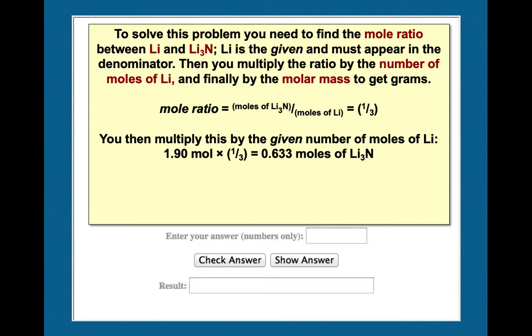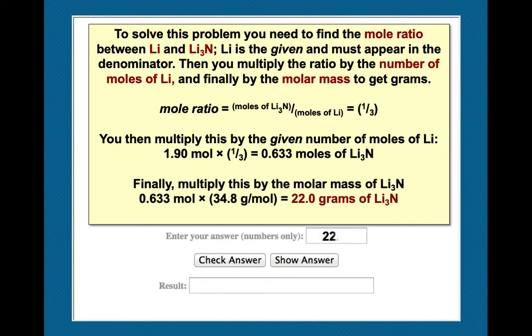But there's more to it, because we need a mass. Multiply this by the molar mass, again, moles multiplied by molar mass gives us mass. Simply multiply it out: 22 grams of lithium nitride.